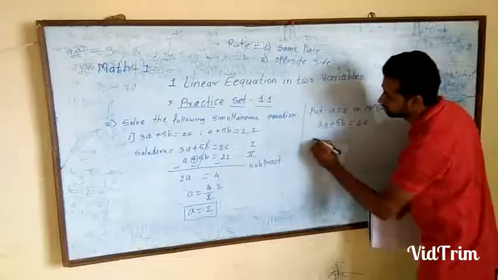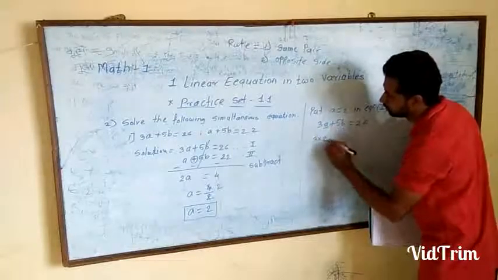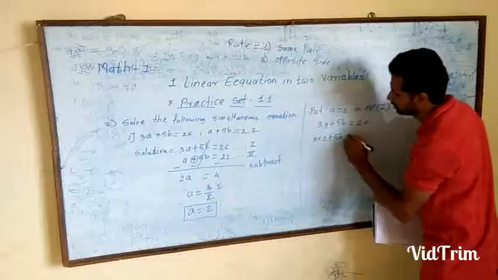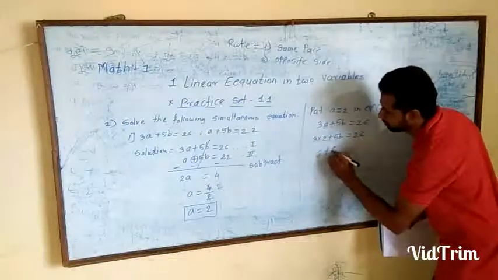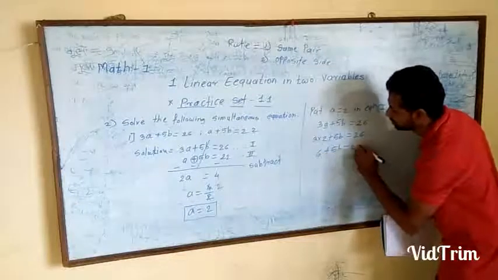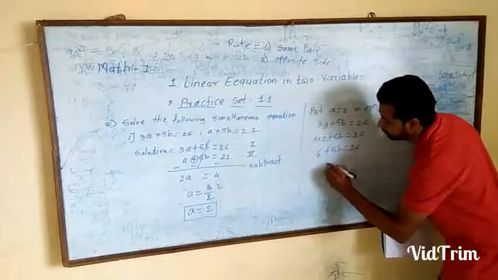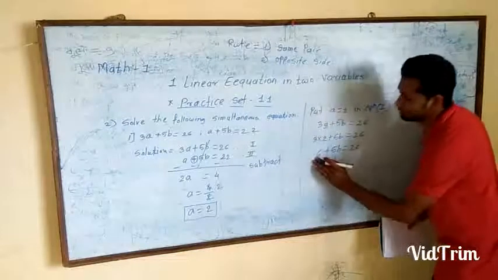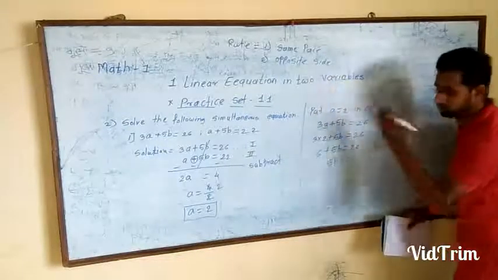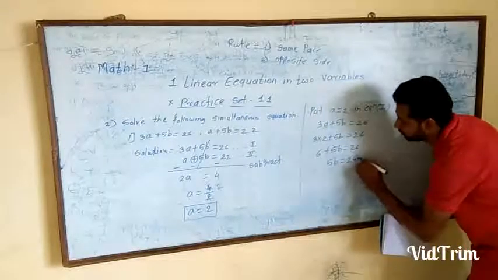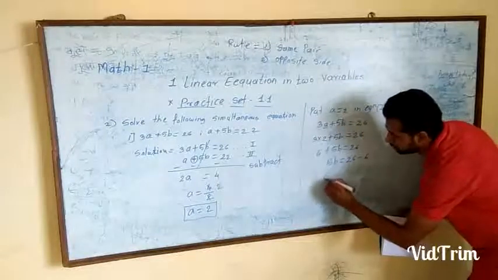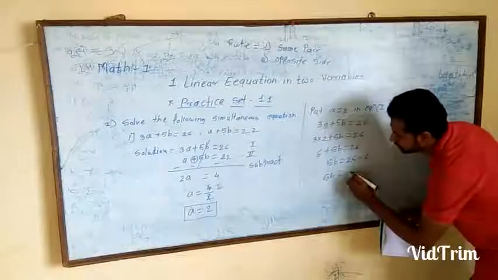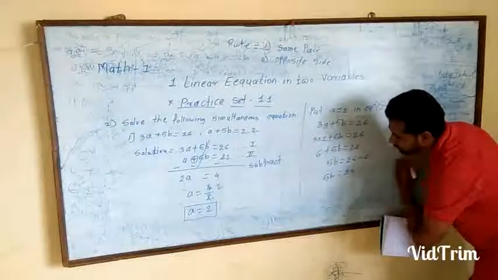So the value of a: 3 into 2 plus 5b is equal to 26. 3 twos are 6 plus 5b is equal to 26. The 6 is plus here. Whenever it comes to this side, it's minus. 5b is equal to 26 minus 6, which is 20.